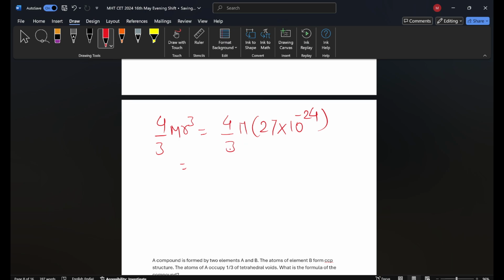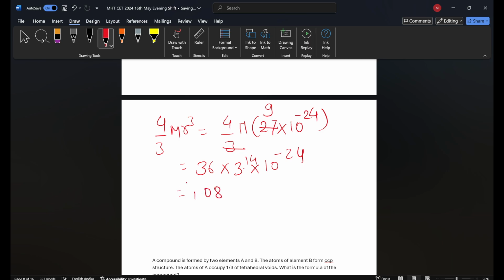So it is pi, right? 3 ones are 3, 4 nines are 36. 36 into 3 into 10 raised to power 24 something. So this is 3.14. Can consider it as 3. So 36 into 3 is 108.